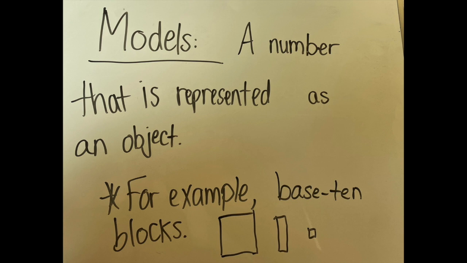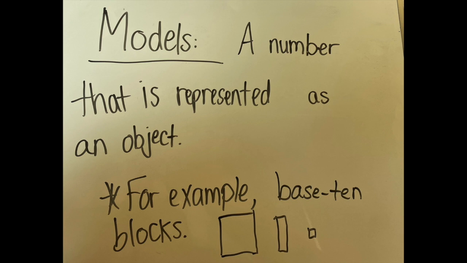And another vocabulary word that you'll be hearing a lot today is models. A model is a number that is represented as an object. For example, if you remember back to maybe first and second grade, you worked a lot with base 10 blocks.